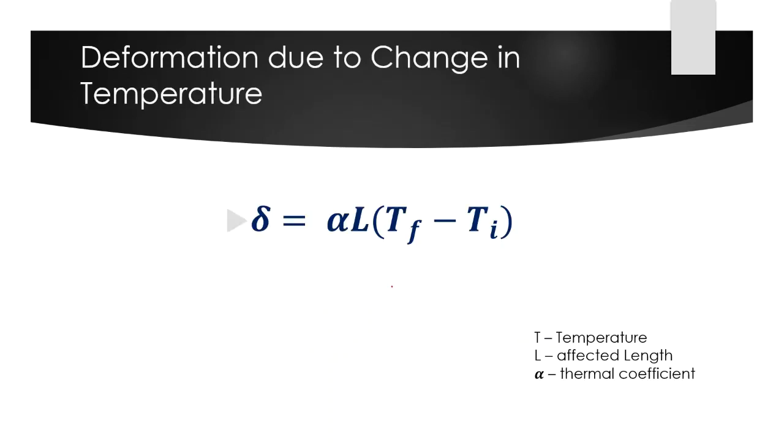For the deformation due to change in temperature, we have this formula. Elongation or deformation is equivalent to lambda times L times the final temperature minus initial temperature. T here is the temperature, L is the affected length, and lambda is the thermal coefficient.